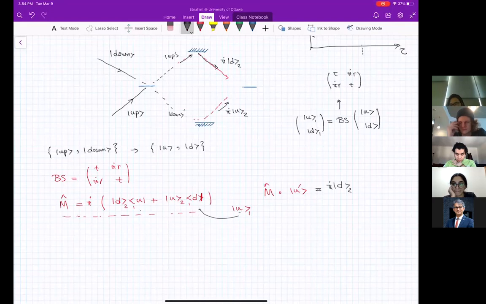Before doing so, let's do something crazy. Let's introduce a phase operator here. This phase operator introduces a phase of e to the power of i phi.